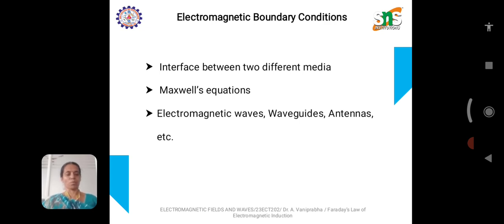So Maxwell used both Faraday's concepts and this, and developed a set of four equations that govern the boundary conditions. So Maxwell's equations are the important ones to conclude the boundary conditions. And the boundary conditions are most important to solve the problems of electromagnetic waves and waveguide issues, and to design antennas, etc.